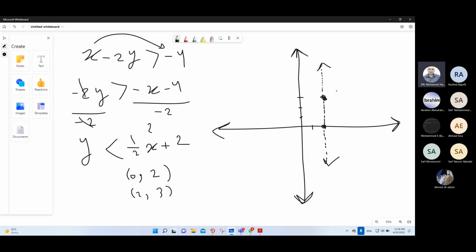So here we can do a test. If you choose 0, 0, the origin, it will be on the left of the line.